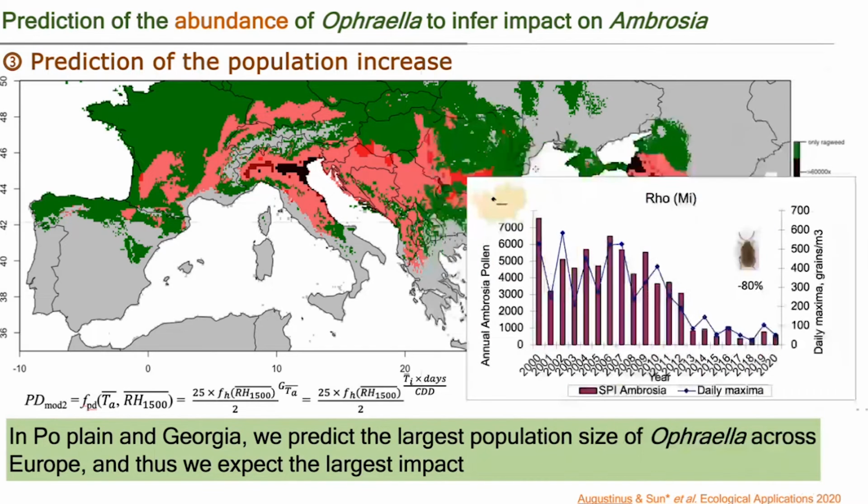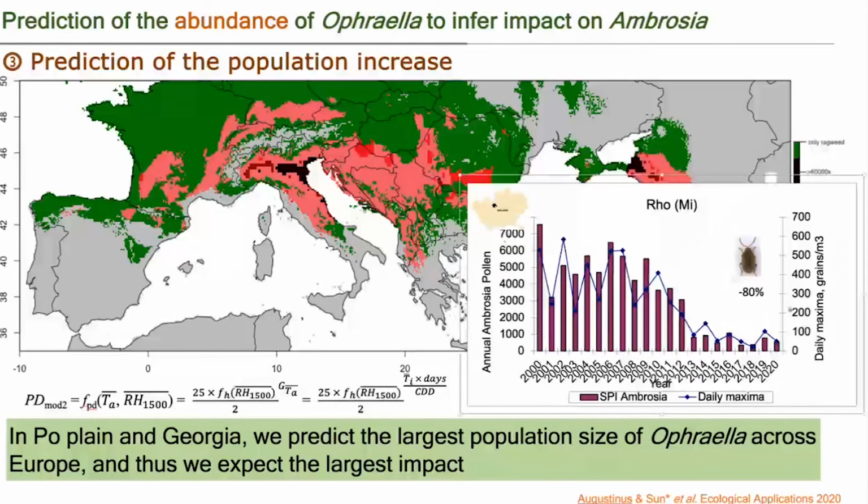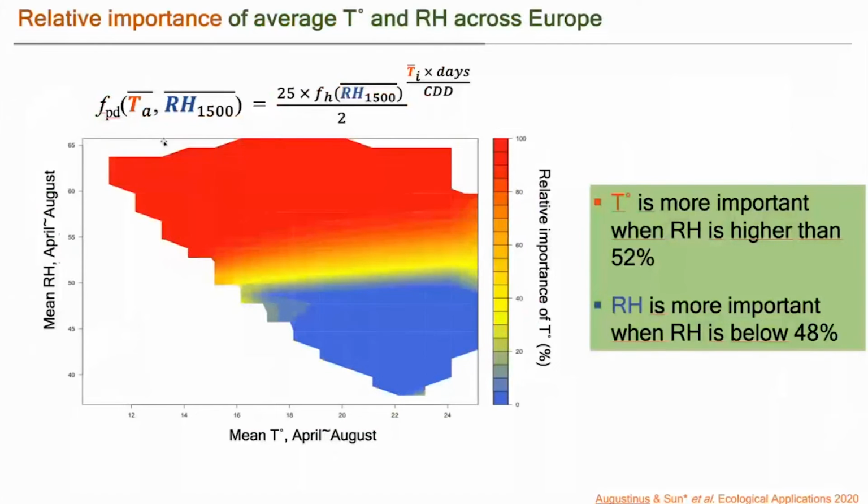This is pretty much in line with the observation that annual Ambrosia pollen was reduced since 2013 by Ophraella by about 80%. So this basically validates our prediction. Then based on this formula, we could also calculate the relative importance.